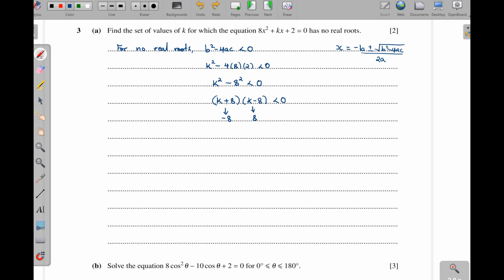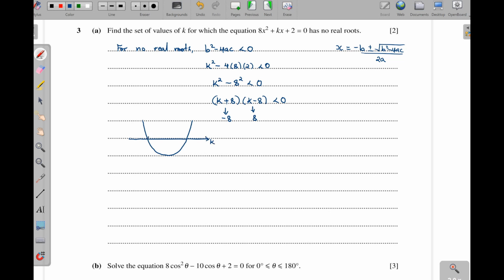So we are supposed to look at the region below this small value, in between the two values, and then above this big value. Okay, because this one is a quadratic expression, the coefficient of k squared is positive. That means this one is a U-shaped curve. So this one is going to be our k-axis.